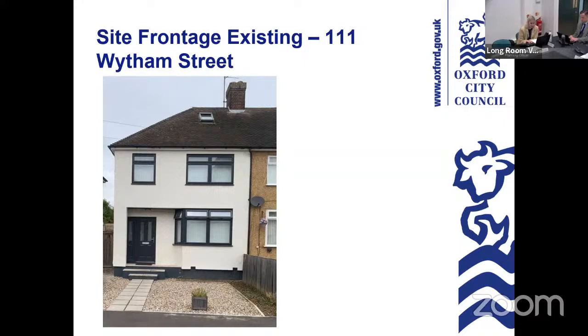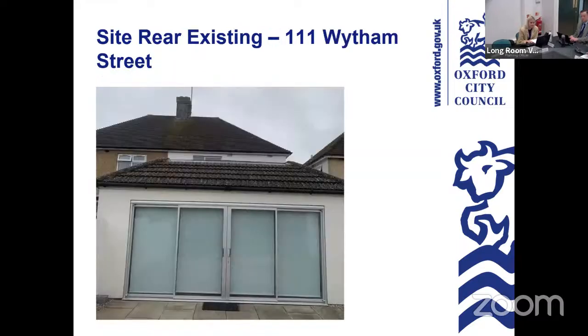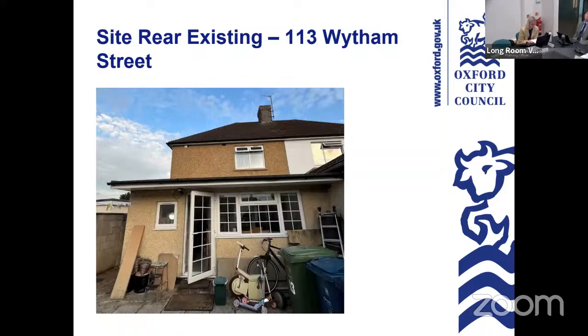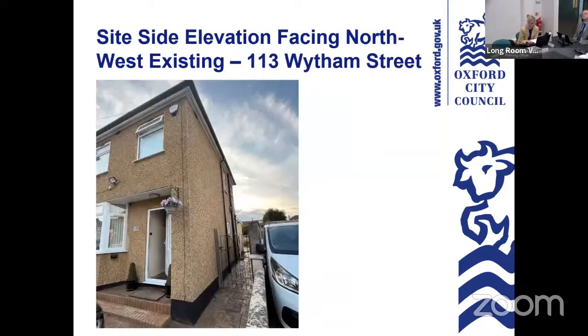This is the front elevation of the existing number 111, and this is the existing rear elevation of number 111. This is the front elevation of number 113 and the existing rear elevation of number 113.